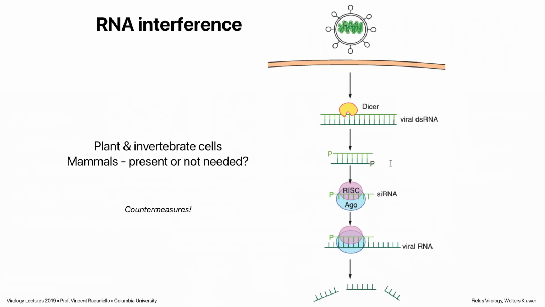First is RNA interference. So in this defense, a virus is infecting its cell. If this is a virus with an RNA genome, the RNA gets into the cell, and it's recognized by a nuclease, an endonuclease in the cell called Dicer, which is named so because it chops up the RNA into short double-stranded pieces, about 21 nucleotides or so.